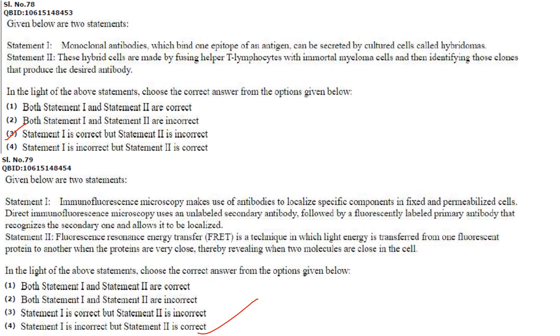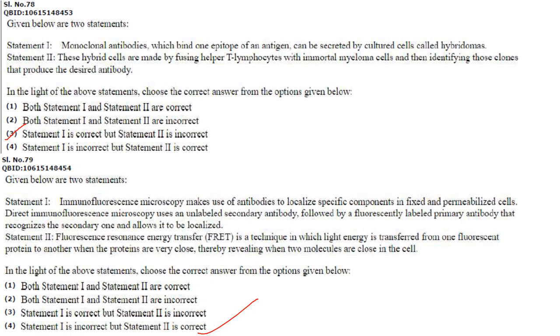In direct immunofluorescence, the primary antibody is directly coupled to the fluorophore, allowing for easy handling and quick visualization. No secondary antibody is involved in direct immunofluorescence microscopy. So statement 1, that is wrong.